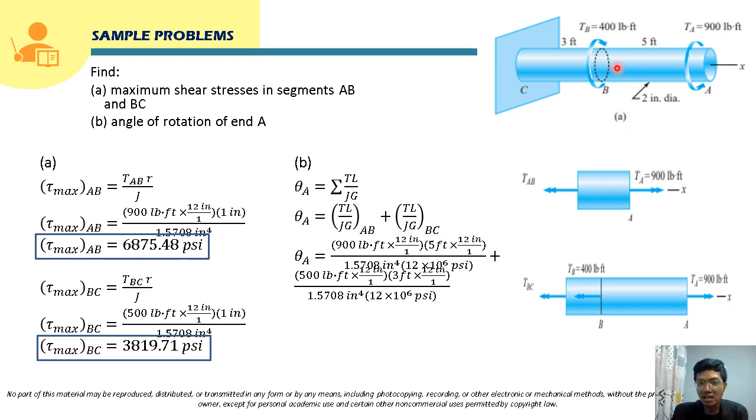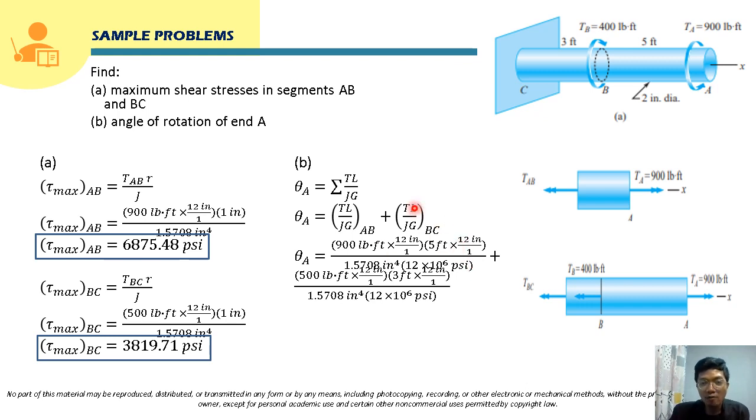The length of AB is 5 feet, so we multiply that by 12, over the polar moment of inertia J, 1.5708 inches to the fourth, times G. The G here is 12 times 10 raised to 6 PSI. That's why we convert the units to pound and inch, since the unit for G is pound per inch squared. It has to be consistent.